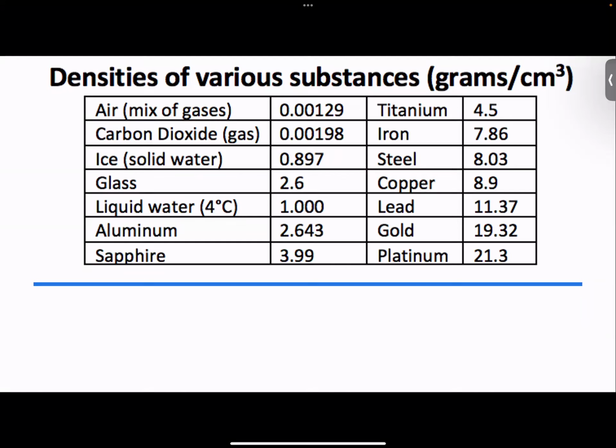Now, one thing I want you to note up here is we have ice, which is solid water. It has a density of 0.897. But liquid water at 4 degrees Celsius has a density of 1.000. What I am trying to illustrate with that is density is temperature dependent.